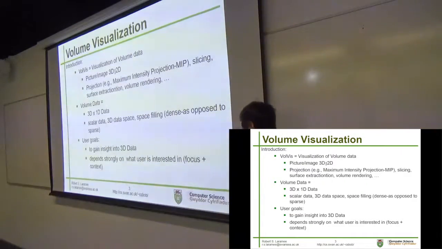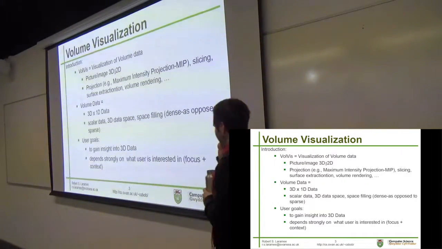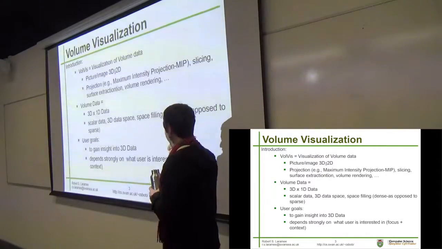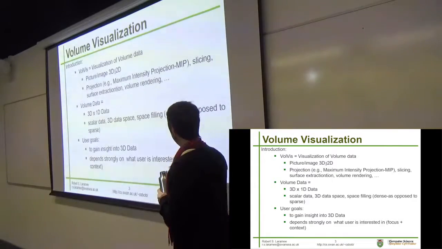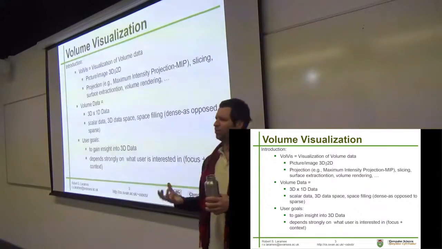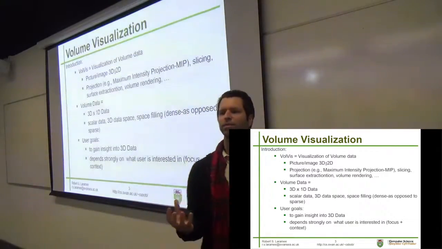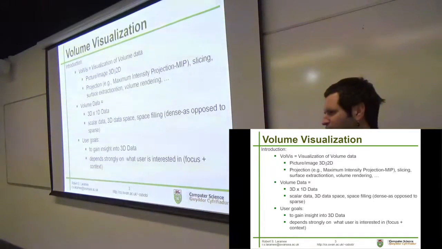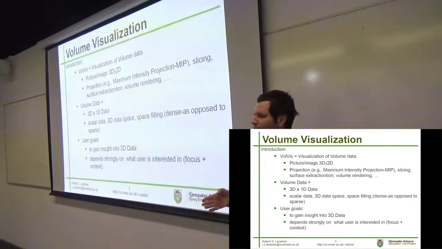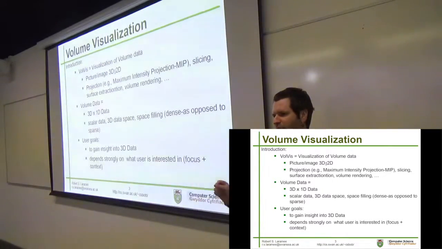And by the way, we're going to be talking a lot about selecting subsets of the 3D data to show. And which subset of the 3D data we show depends on who's doing the looking. Even when you go to see a doctor, usually doctors focus on different parts of the body.